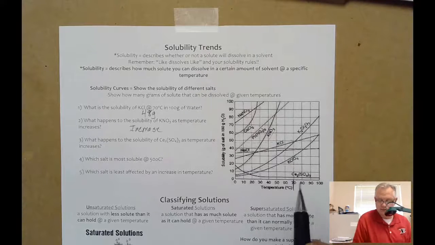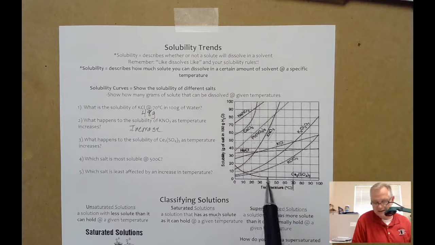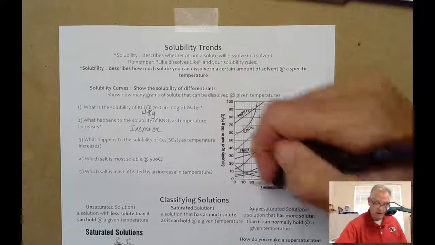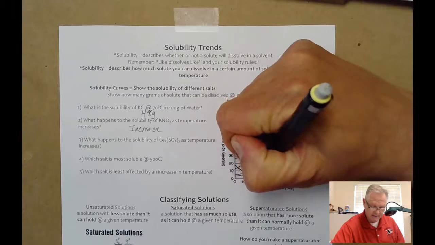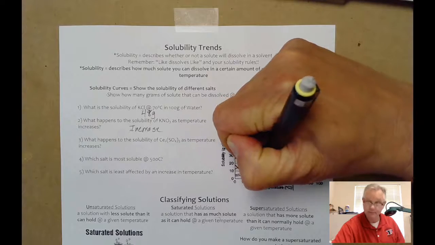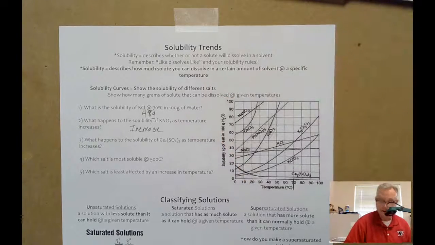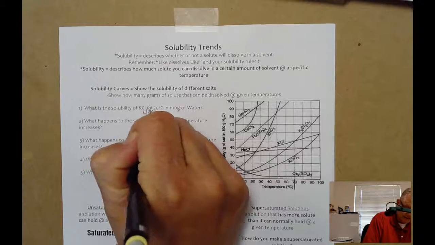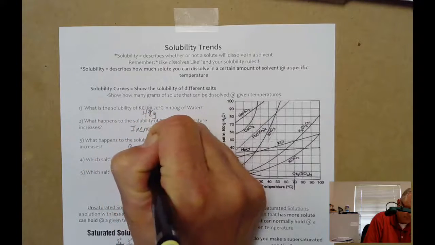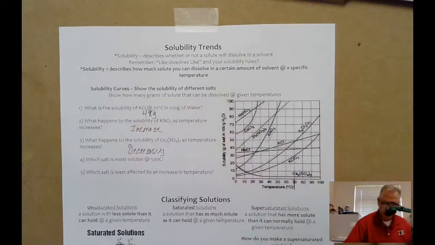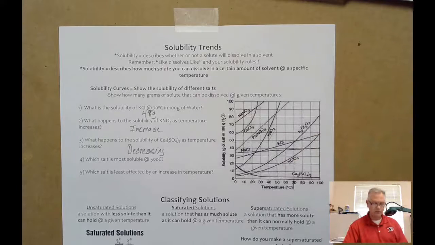Cesium sulfate's down here, and it does start leveling out, but we're looking at the first part of it. What is happening at the beginning of this graph? It is going to be decreasing. So we got increase on the one going up and decrease on the one going down.